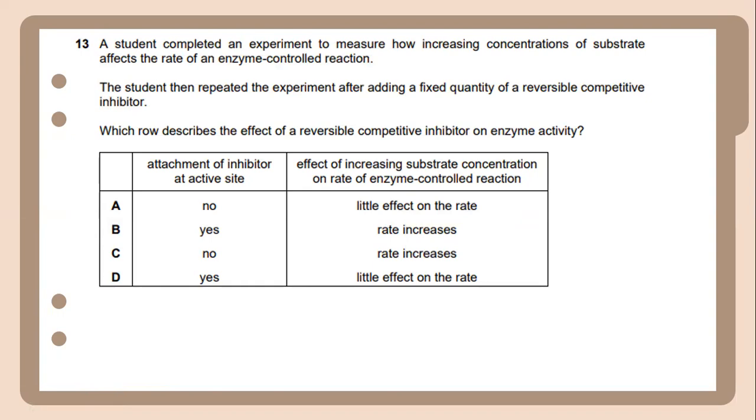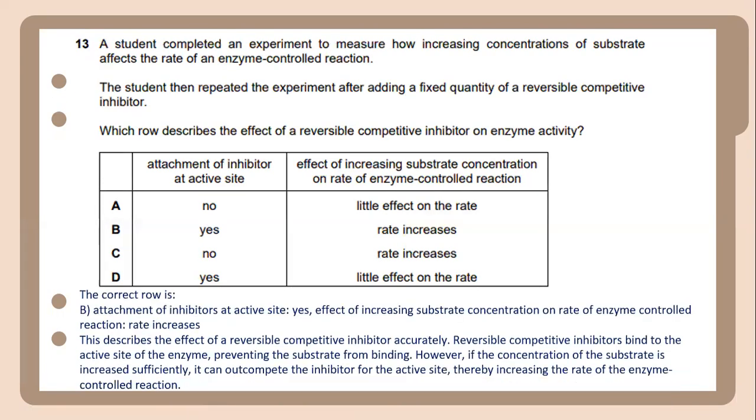A student completed an experiment to measure how increasing concentration of substrate affects the rate of an enzyme-controlled reaction. The student then repeated the experiment after adding a fixed quantity of a reversible competitive inhibitor. Which row describes the effect of a reversible competitive inhibitor on enzyme activity? Let's look at the explanation.